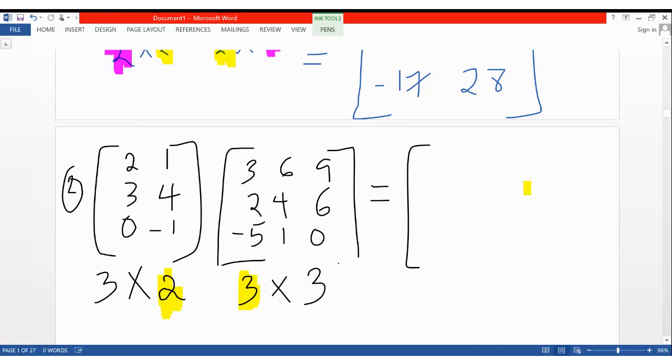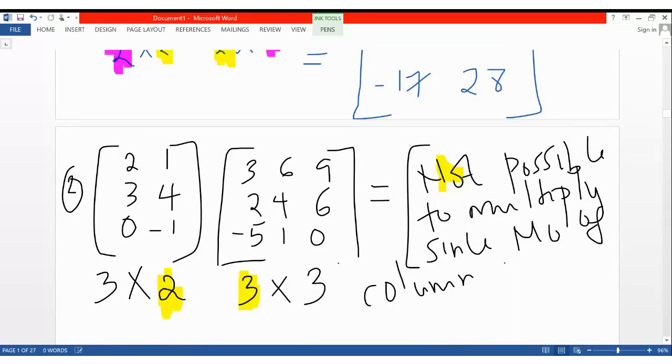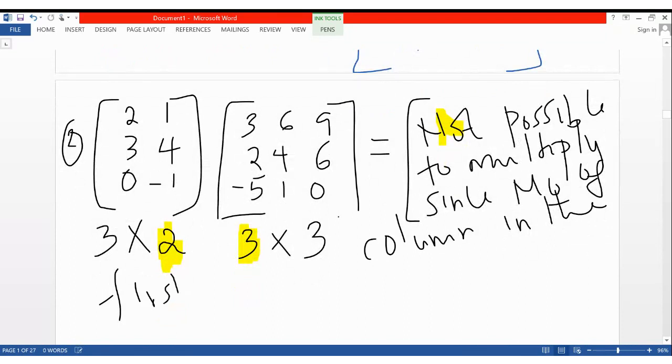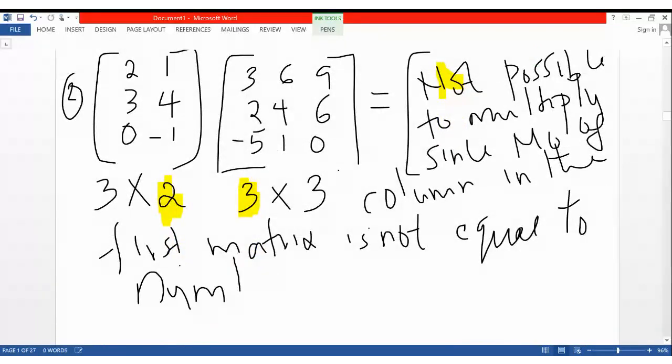So here, not possible to multiply, since the number of columns in the first matrix is not equal to the number of rows in the second matrix.